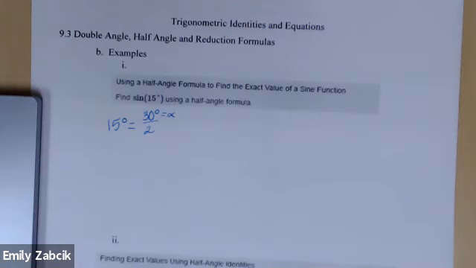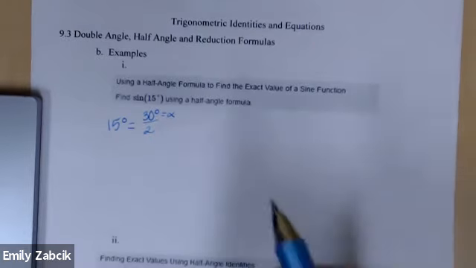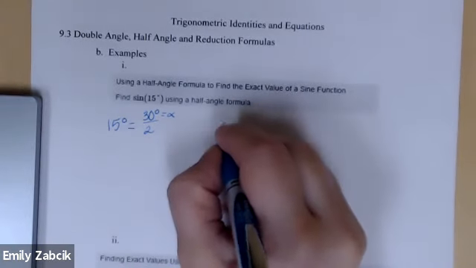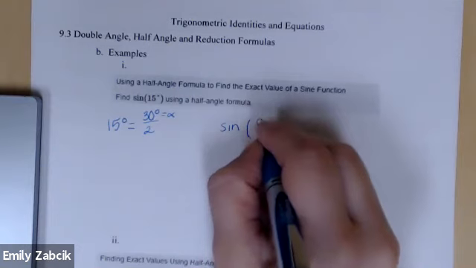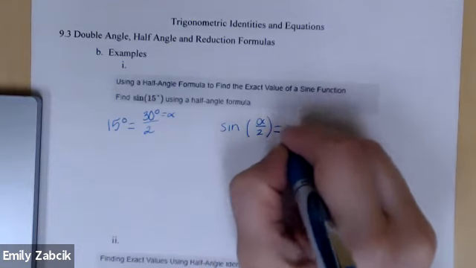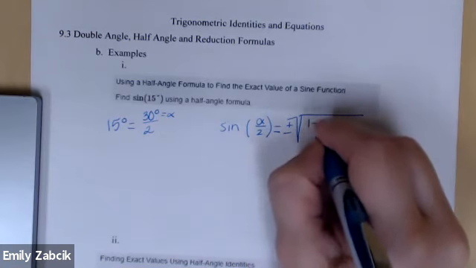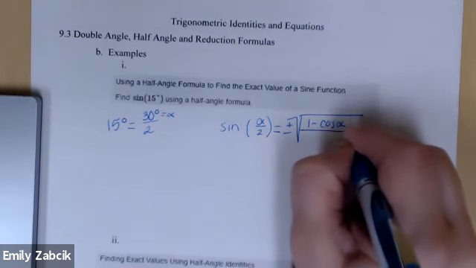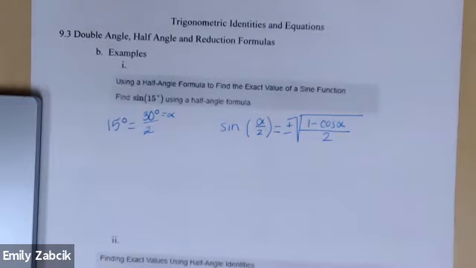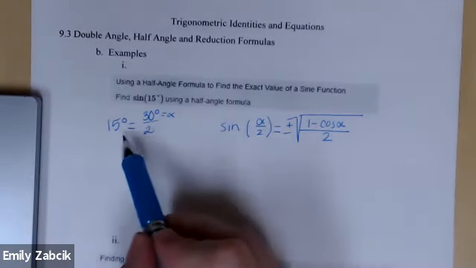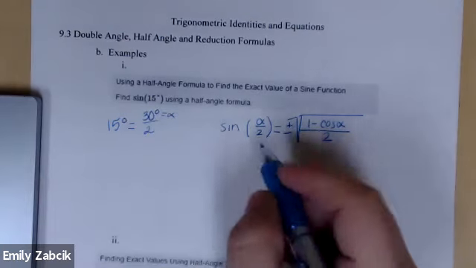Okay. And so if you have back on the previous page, we know that sine of alpha over 2 is equal to plus or minus the square root of 1 minus cosine alpha all over 2. That's just our formula there. Then you'll notice that we're going to let our 15 be 30 over 2.